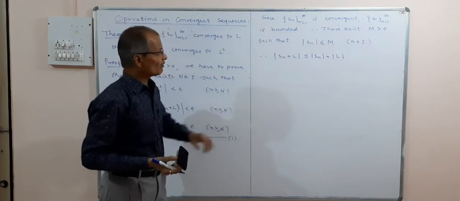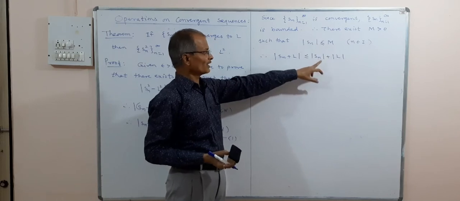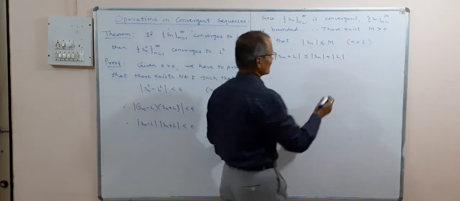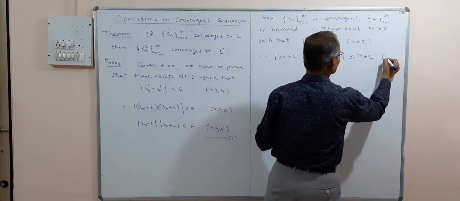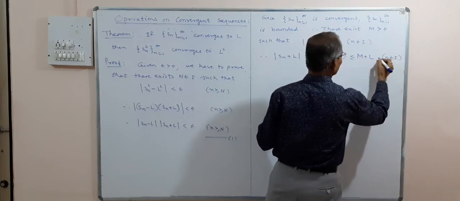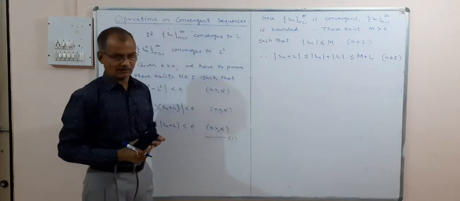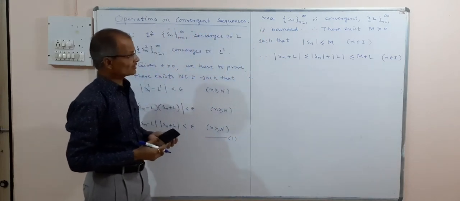And you see, mod Sn is less than or equal to m. So we replace this by m. And this is less than or equal to m plus mod L. And this is true for every n belongs to I, every natural number. So this is the result we have.